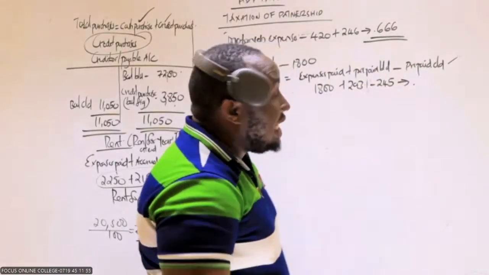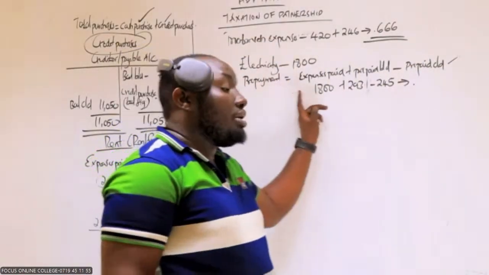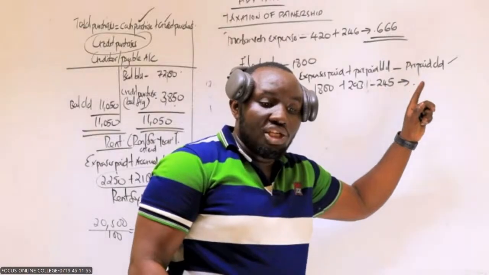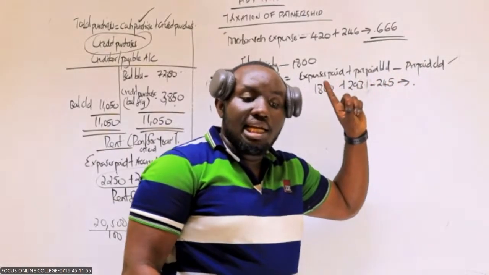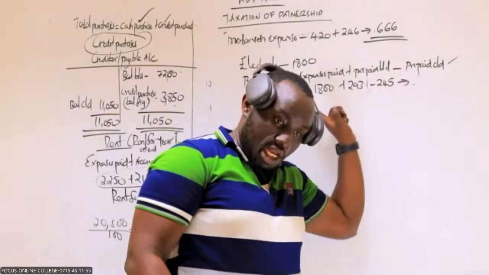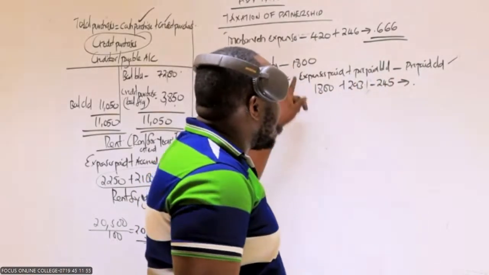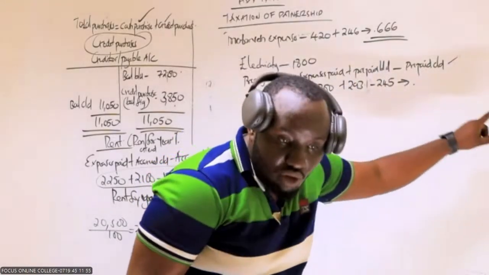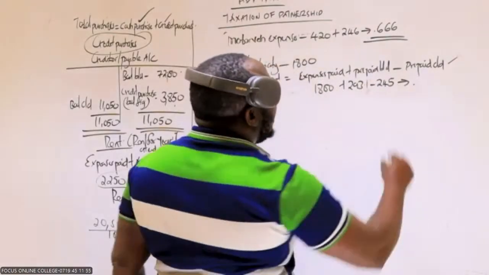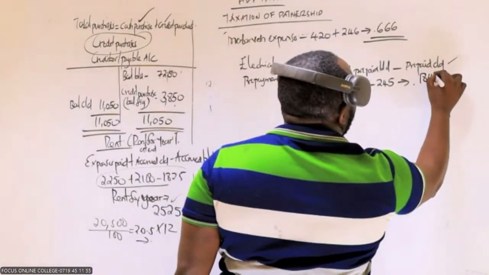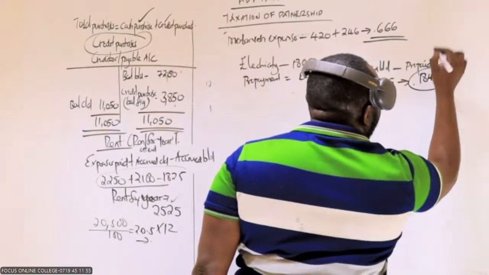I've said that in an examination, please do these things on the question itself. In an examination, don't do what we are doing here. These things, you write electricity and below it you write the entry and you get the figure. Is that okay, Lois? This is for education purposes, for learning.